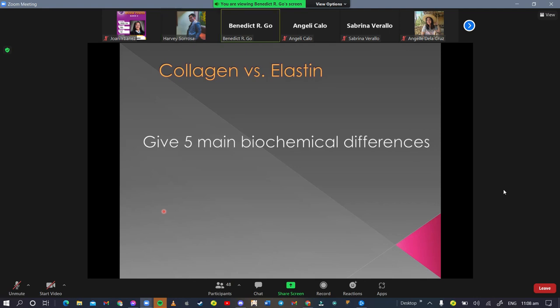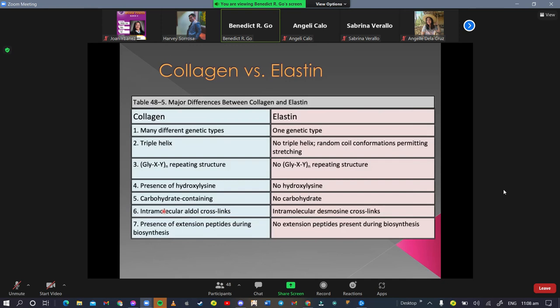So these are the 5 main differences, or actually 7. And usually in oral exam, we just ask you to name 5. So you just need to be familiar with mostly 5 of them, but some of them are just repeating. So the main difference is that collagen has many different genetic types. Elastin just has 1 genetic type. Collagen has the triple helix, but no triple helix in elastin. Random coil formations permitting stretching. So we saw that in the figure earlier.